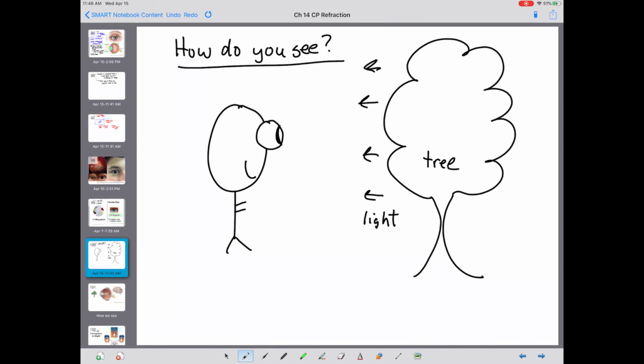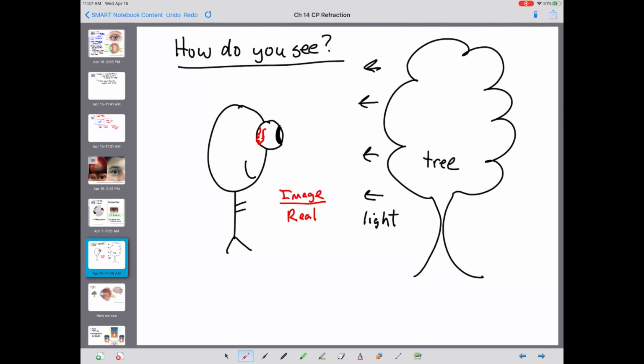So here is your eyeball, and what the light is going to do is go through the lens cornea system and refract and form an image on your retina. When it forms that image on the retina, I'm drawing in red, that image that forms on the retina, it must be real.